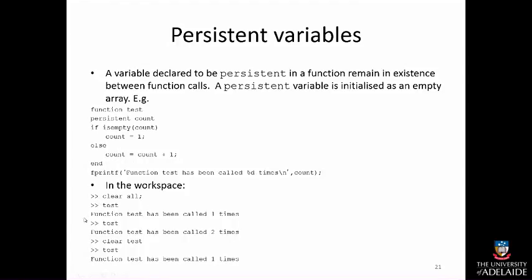So in the workspace, if you call the function test once, you would get this value of count 1 time. If you call it again, the value of count has been incremented. And if you do clear test, this means you are clearing everything which is inside that variable. So, and you call it again, then the value would be again 1. Okay?